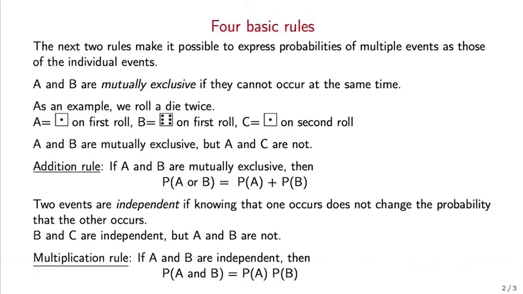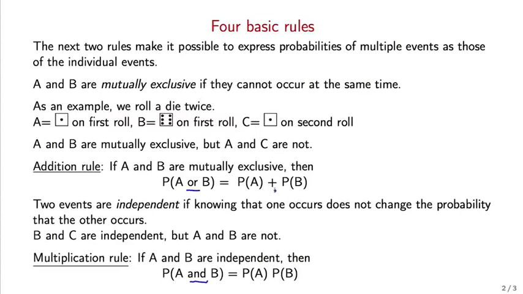So the last rule is the multiplication rule. It says if A and B are independent, then the probability of A and B happening is simply the product of the probability of A and B. So if we look at these two rules, we see that the addition rule has an OR, and the multiplication rule has an AND.